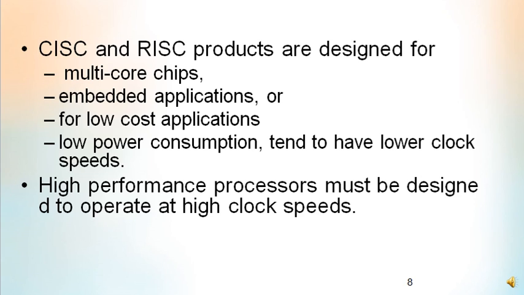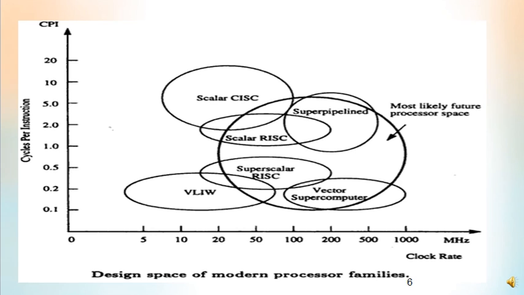High performance processors must necessarily be designed to operate at high clock speeds. This category of processors has been marked as VP, that means vector processors. The features of the vector processors may be associated with CISC or RISC main processors. Look at this graph. This is the graphical representation of the design space of modern processor families.